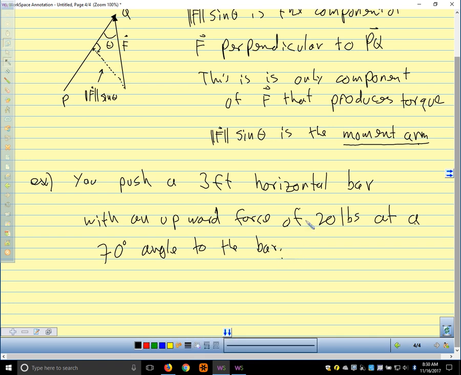We want to find the magnitude and the direction. So remember that torque is a vector.